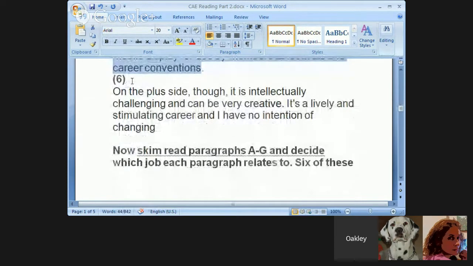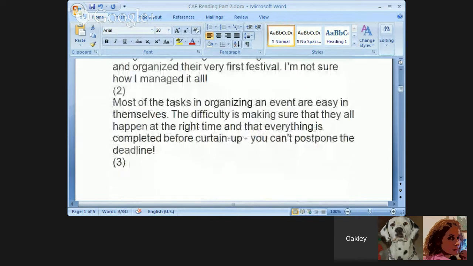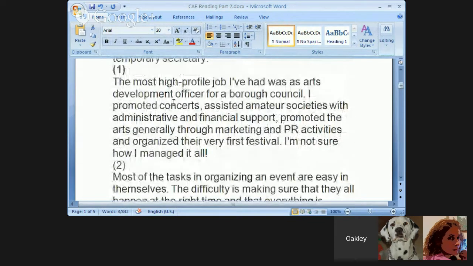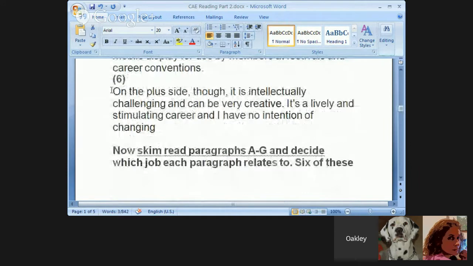And then the end. On the plus side, though, well, here's another direct signal phrase. The ones where you have a direct signal phrase following, these are going to be the easiest ones. On the plus side, the next stage, for sure. There's only a couple, but anyway, these will be the easiest ones.